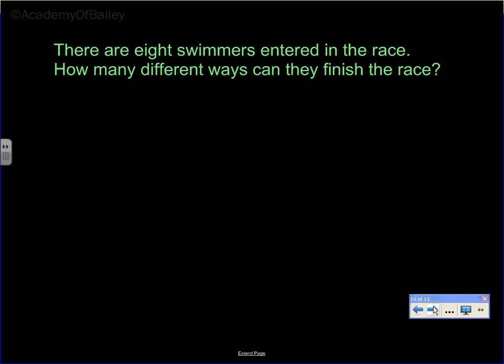The question is asking how many different ways can they finish the race in first, second, third, fourth, fifth, sixth, seventh, and 8th place. So that's why it's permutation. There are 8 total swimmers, and 8 of them will be finishing the race, and we're trying to figure out how many ways can they finish the race.